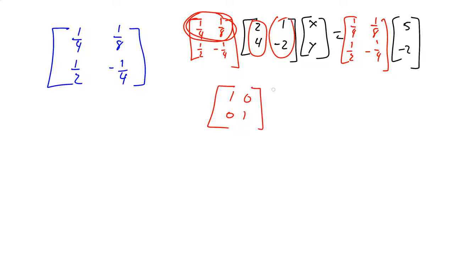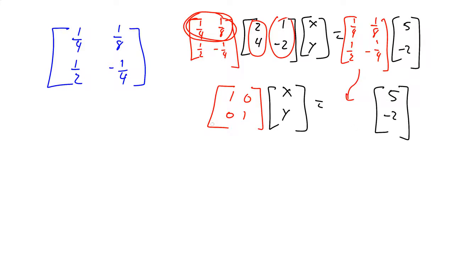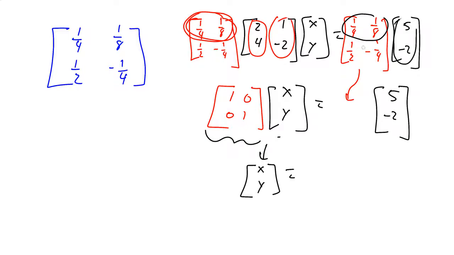So right now we've got 1, 0, 0, 1 times xy equals this thing times 5, negative 2. And we know that anything times the identity matrix is itself, so this actually just reduces to plain old x, y. And so now all we have to do is do this product. That guy times this, and that guy dot producted with this.